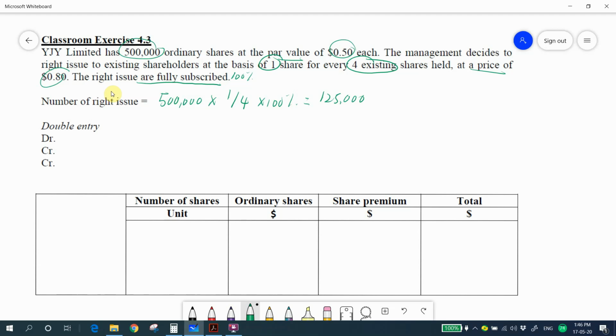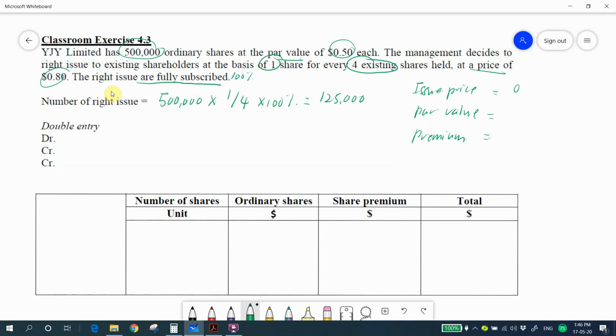This accounting entry will be similar to what we learned in exercises 4.1 and 4.2. First, we identify the issue price and the par value, and we determine whether there is any premium on the issuance of shares.